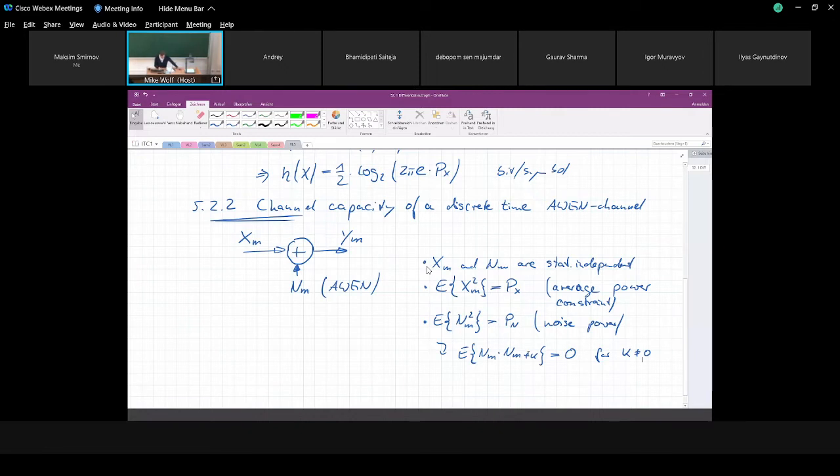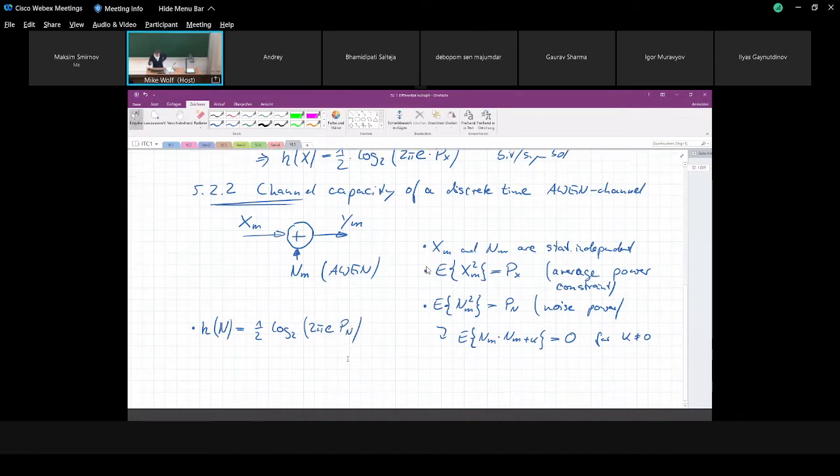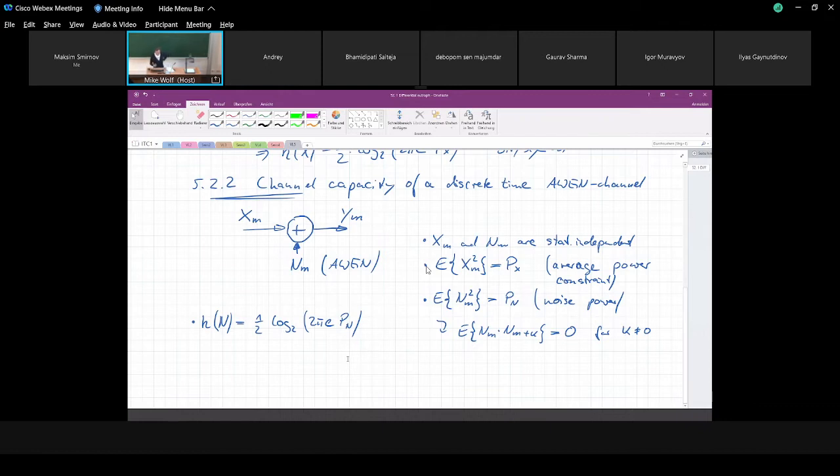And then we could say that the differential entropy of our noise, now I skipped the time index because it's independent of the time index, is just 1/2 log2 of 2 pi e times Pn, so times this noise power. That's clear. Then we need to calculate the conditional differential entropy of y given x.